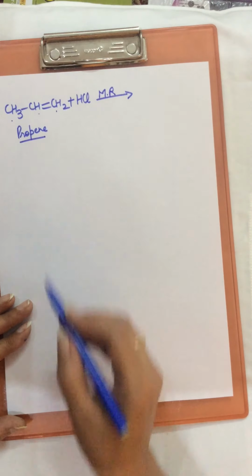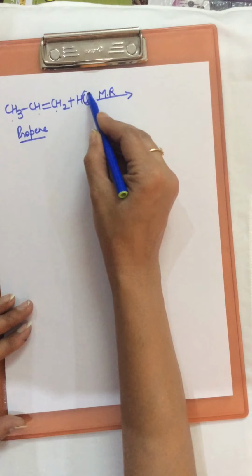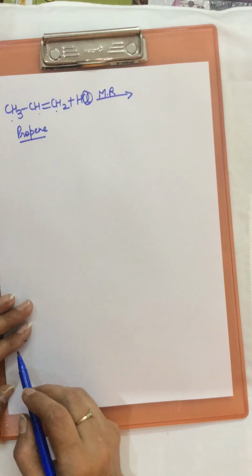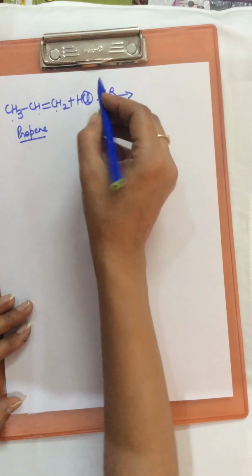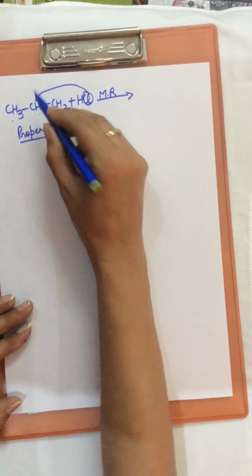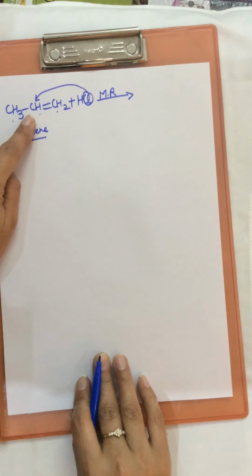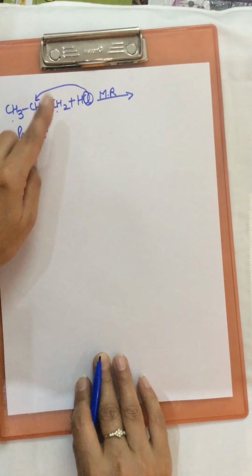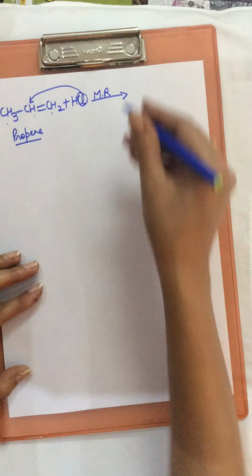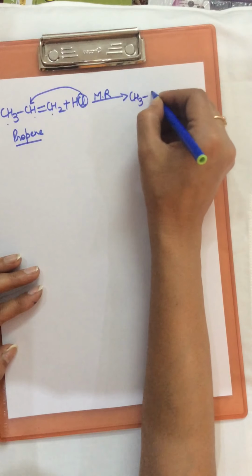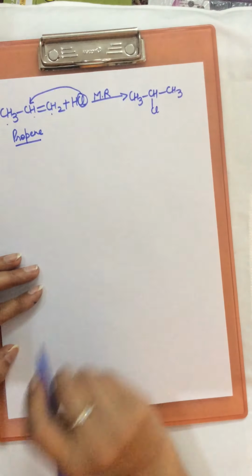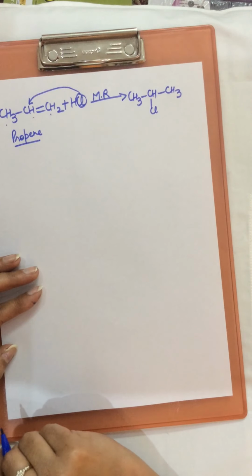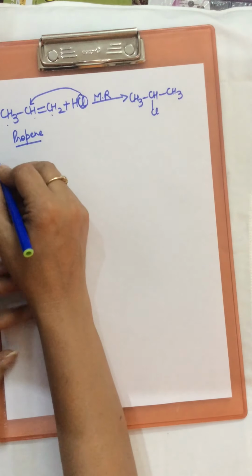This rule says the negative part of the addendum, the adding molecule, will add to that side of the double bond which has the lesser number of hydrogen atoms. So Cl will link with this carbon and H will link with this carbon only. It's not that any atom will link at any side. If an unsymmetrical alkene is there, addition will be according to Markovnikov rule.